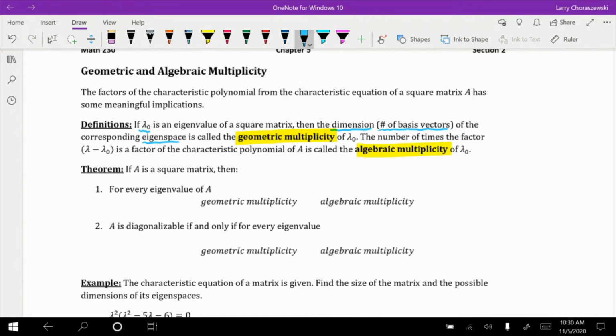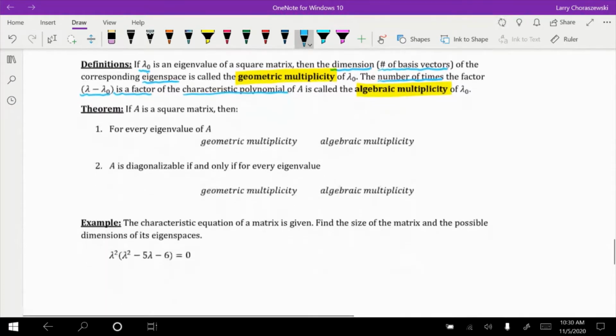So algebraic multiplicity refers to the factor of the characteristic polynomial. So the number of times the factor lambda minus that number is a factor of the characteristic polynomial.